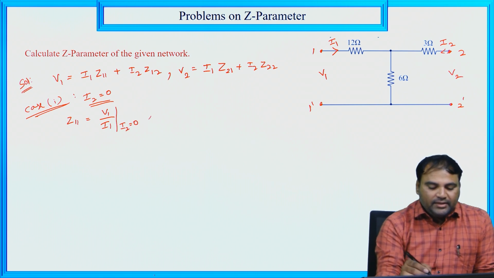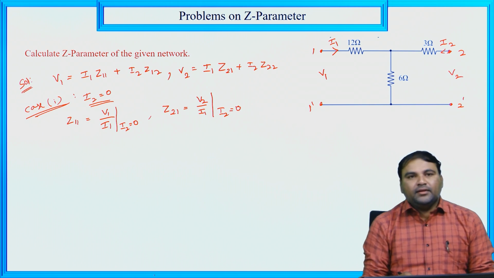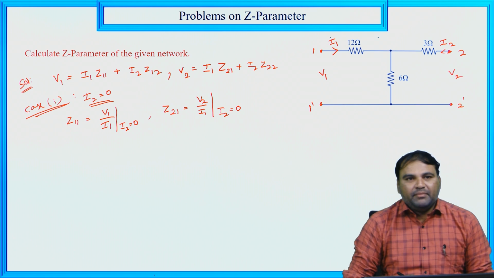Similarly, in this case also Z21 equal to V2 by I1 when I2 is equal to 0. By using these equations, we have to calculate the Z parameters like Z11 and Z21.